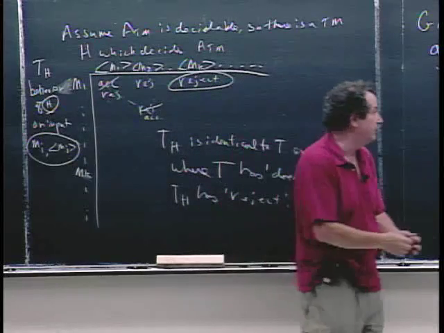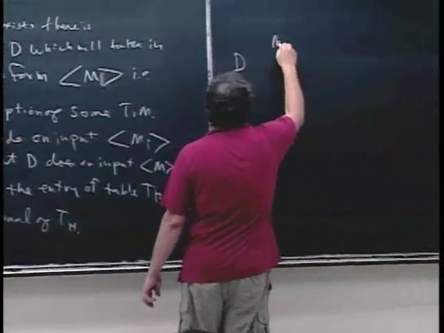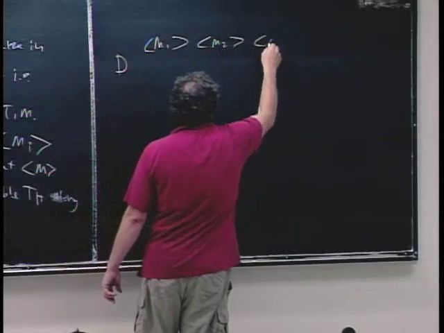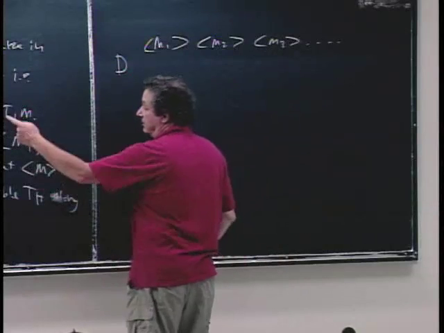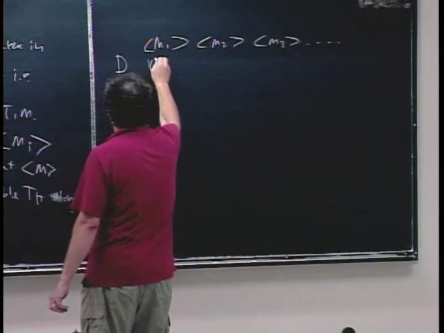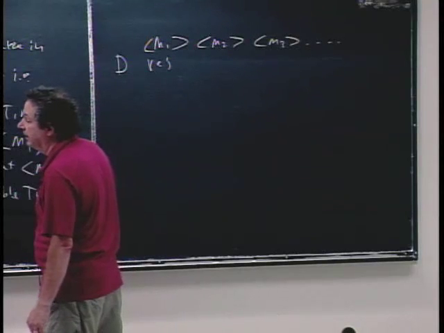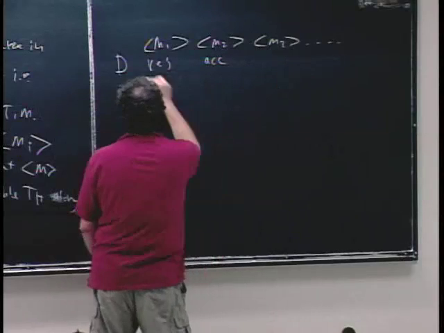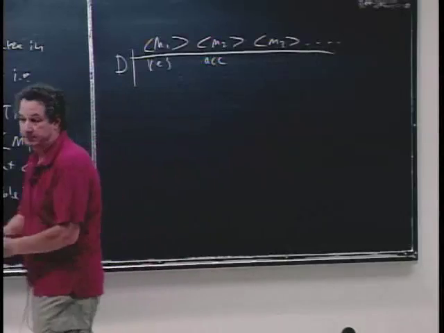So D's behavior, I could write out for M1, M2, M3, etc. And the little piece we did over there, it would be a reject on M1, and then an accept on M2, and so on. We don't know what the rest of it is. So D's table is simpler than H's table.